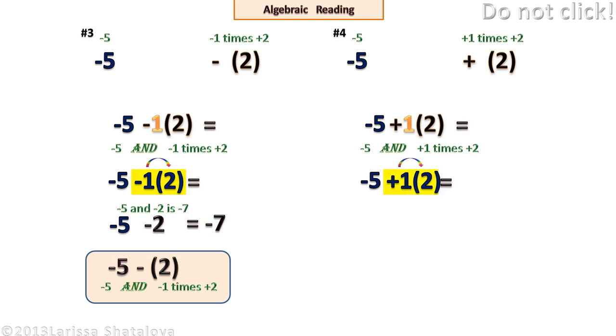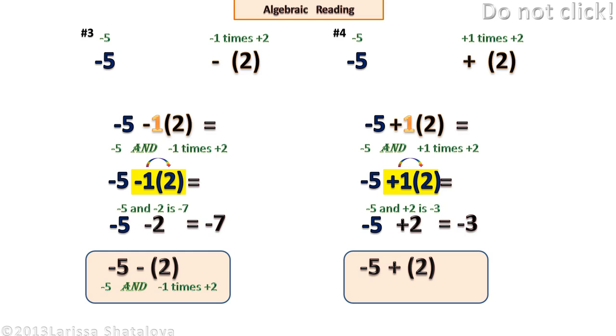We can simplify because we want to remove parentheses, which means multiplication. Positive 1 times positive 2 would be positive 2, and negative 5 we have to keep. So now we have negative 5 and positive 2 is negative 3. Now let's talk one more time about how to read this. Even though you don't see the 1 and the word and, you have to read it like negative 5 and positive 1 times positive 2.